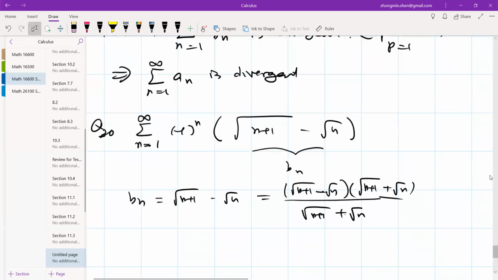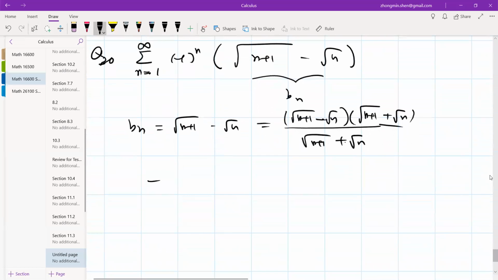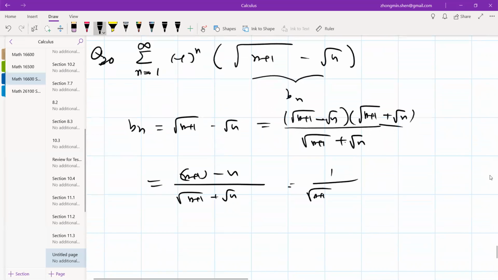Okay, if you rationalize the numerator, it's going to be n plus 1 minus n. So you can completely change the expression.